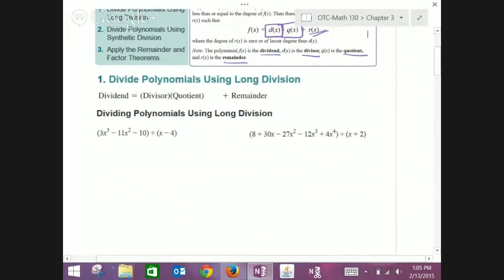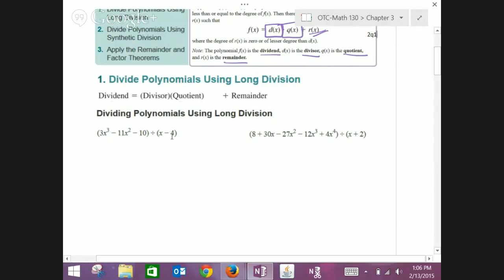So, long division: we're looking at a third-degree polynomial, and we're dividing it by a first-degree polynomial, x minus 4. If this remainder is 0, then we've shown x minus 4 is a factor. So 4 would be the 0.